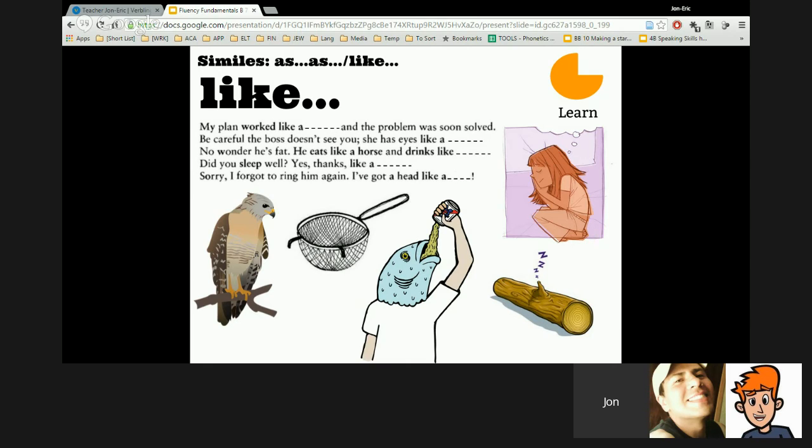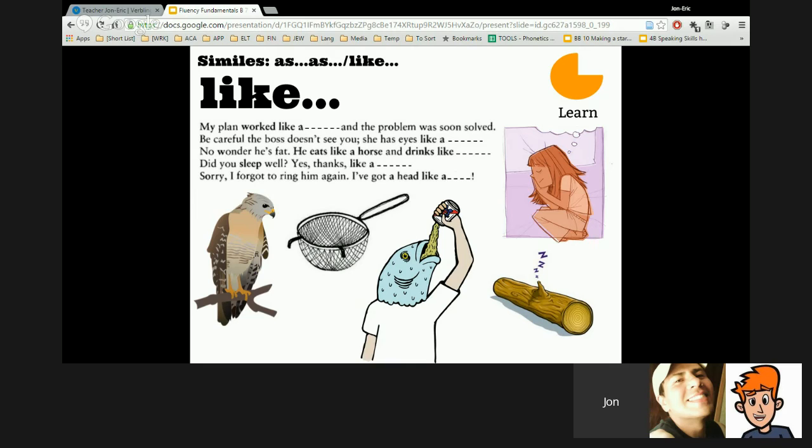Second picture, it's a colander. Yeah, basically, but we call it a sieve. You've got a fish who seems to be an alcoholic. We've got a log. And what's the girl doing in the picture on the top right?